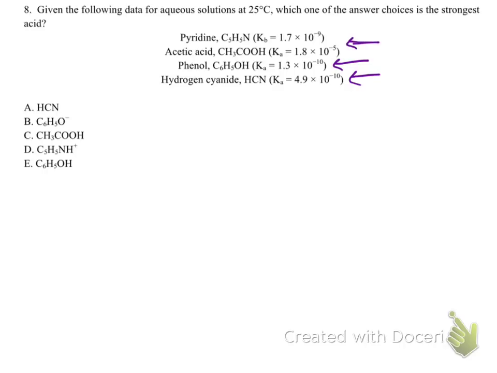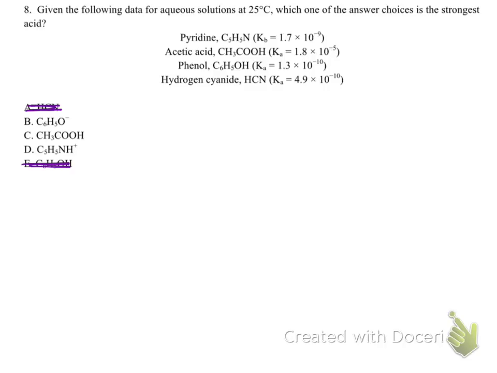Out of these three, the phenol is the weakest, then the hydrogen cyanide, and then the acetic acid is the strongest of these three. So right off the bat, using just the Ka values, we can eliminate a few of these answer choices. Let's do just that. So then we're down to 3 left.